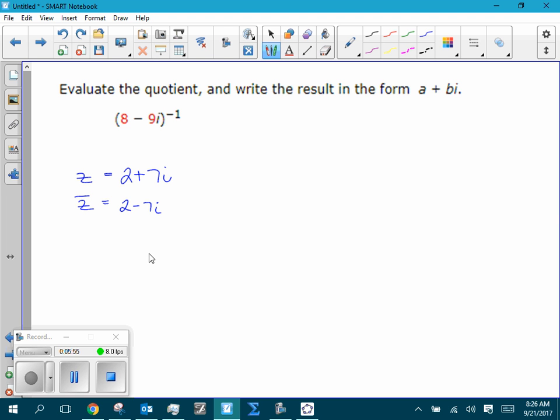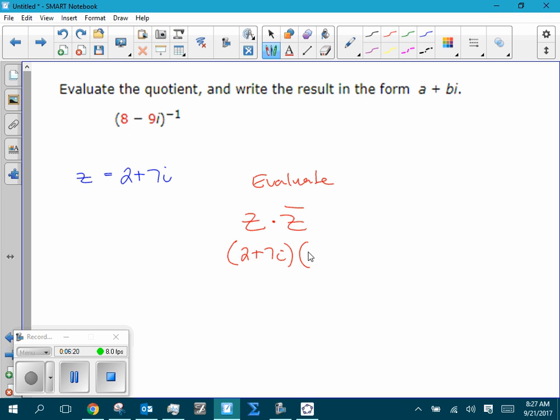Later in your assignment, you see a question where they tell you, z is 2 plus 7i. So they just give you that, and they ask you, evaluate z times z bar. Okay? Well, z is 2 plus 7i.